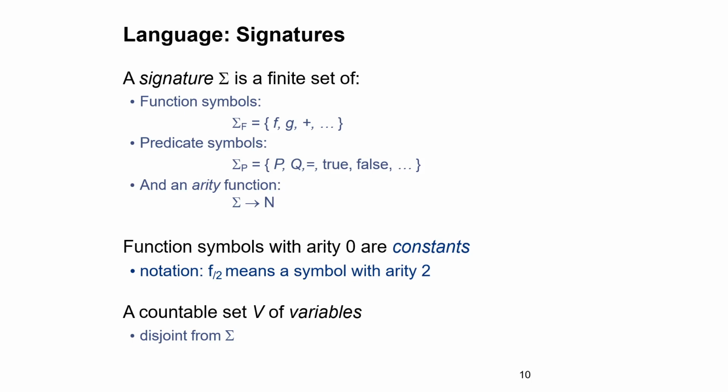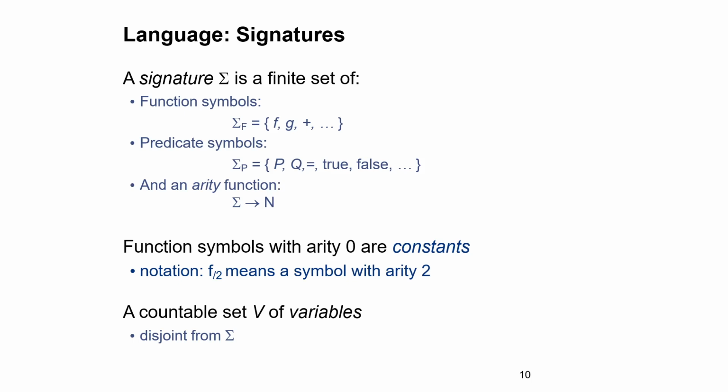So true and false would be constants. The notation used on these slides, if you're not sure about the arity, is a slash and then the number of the arity. So f/2 would mean that it has arity 2, so it can take 2 parameters and then return some value.